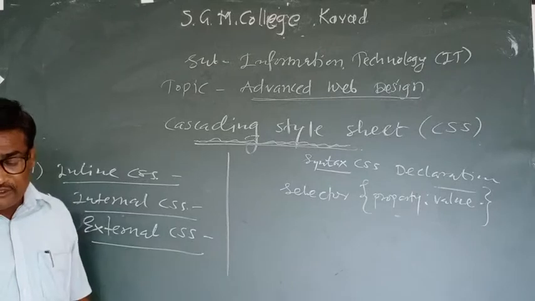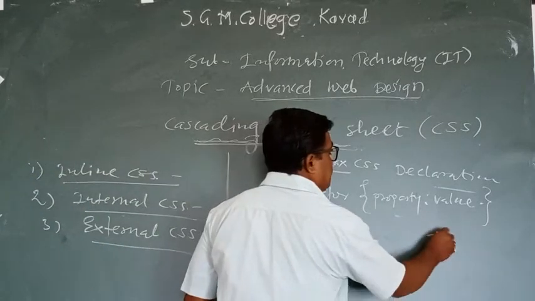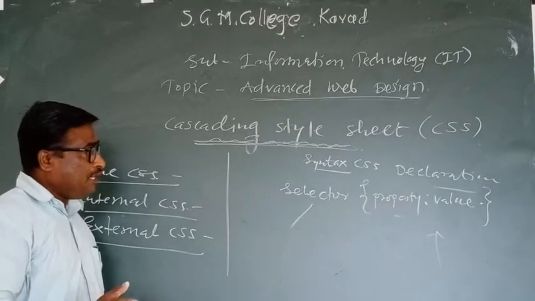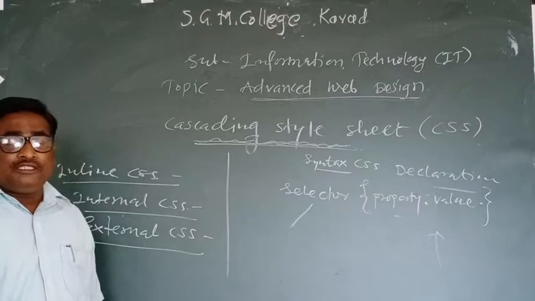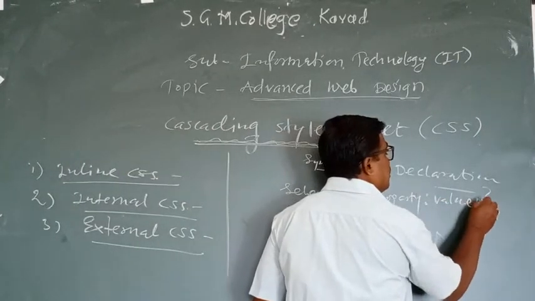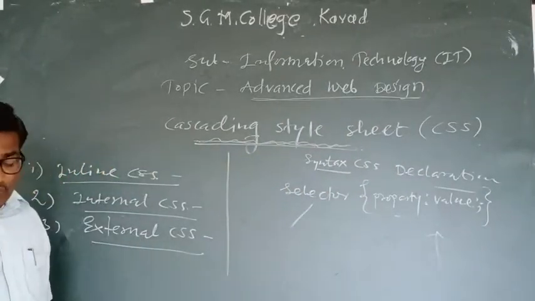The declaration part is divided into property and value, and property and value are separated by colon and end with semicolon.